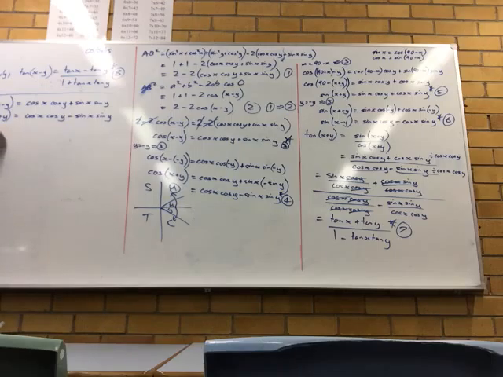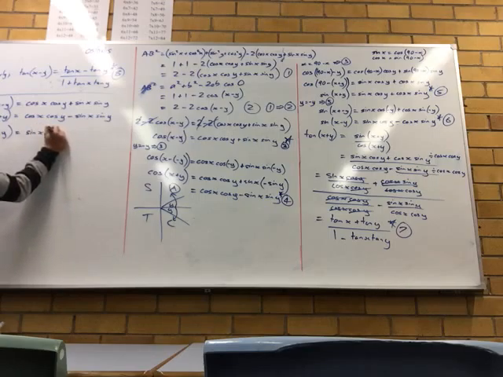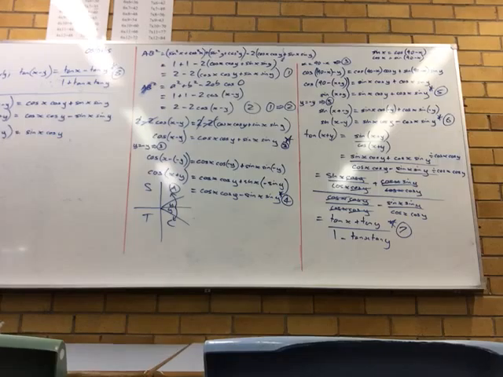Sine of x take away y. To expand a sine, go sine cos, then cos sine of your 2 angles: sine x cos y, the same sign.